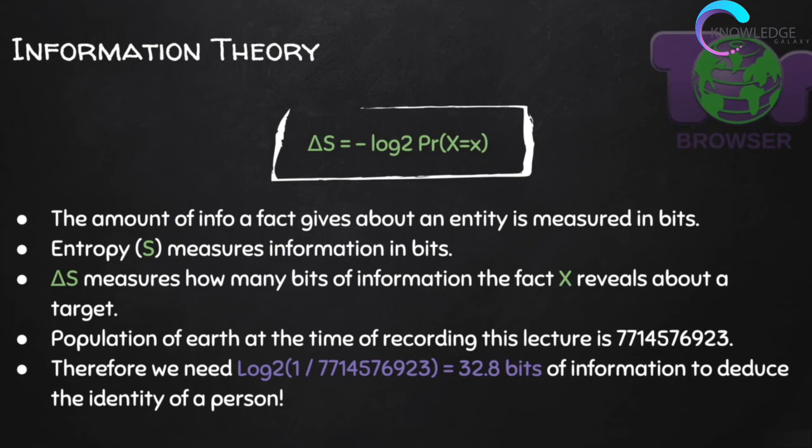So, at the time of recording this lecture, the population of Earth is around 7.7 billion. Plug this value into this equation right here. We can see that in order to identify a person on Earth, all we need is 32.8, so nearly 33 bits of information.